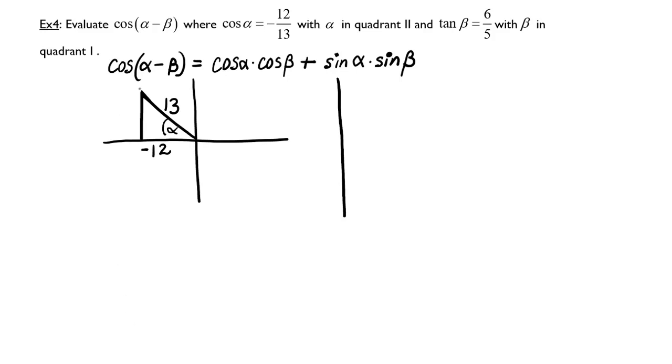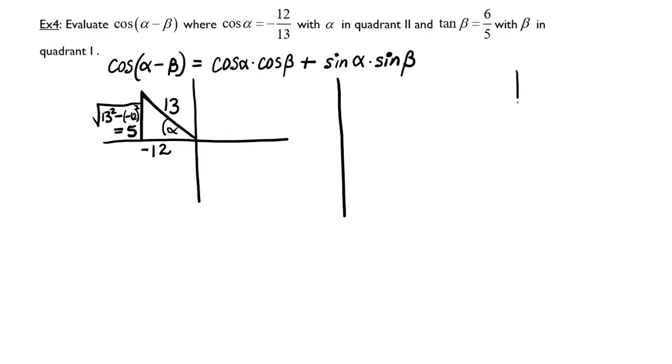We need to find this side over here that we don't know. That's going to be the square root of 13 squared minus negative 12 squared. That gives me the square root of 25, or just 5 here.